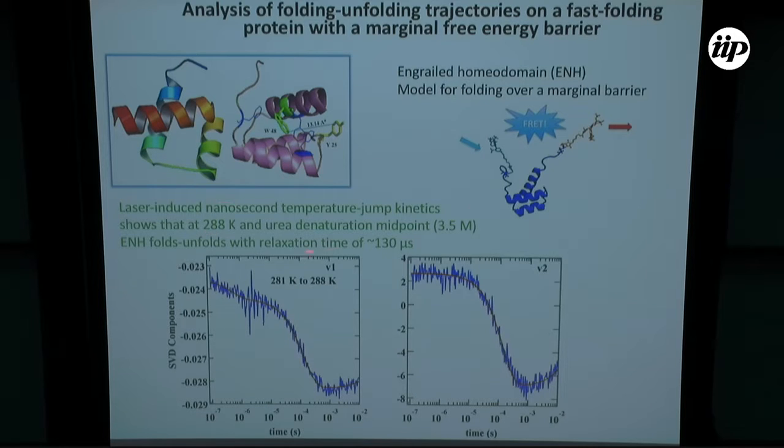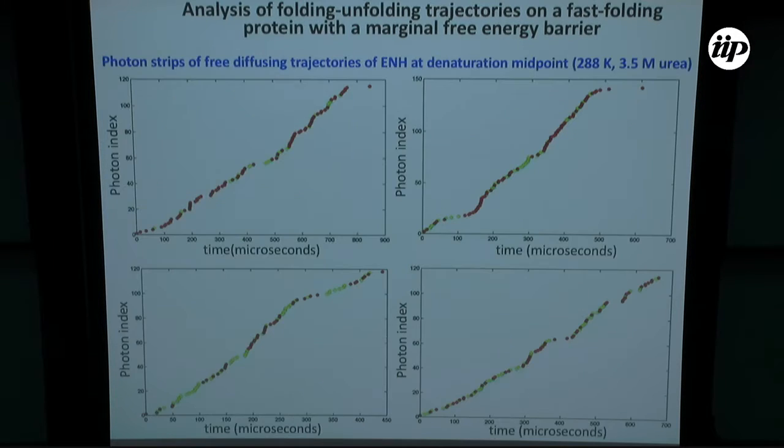So now we could do the single molecule experiments. So these are some examples of the type of data that you get. These are free diffusion experiments. So basically what I have here is the strip of photons coming with red and green, depending on whether it's donor or acceptor, as a function of time for the time that the molecule is actually passing by, okay? And this is the index of the photon. So that tells you that for this molecule, we're getting something like 110 photons, and then it goes away.